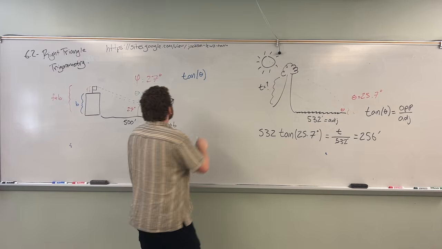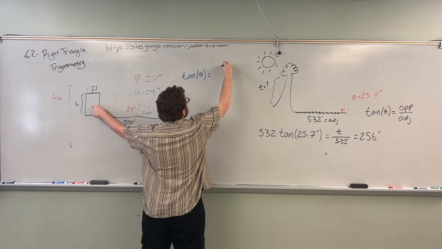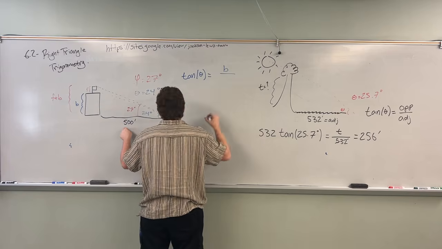All right. So the tangent of my angle is opposite, which is B, over adjacent, which is 500.